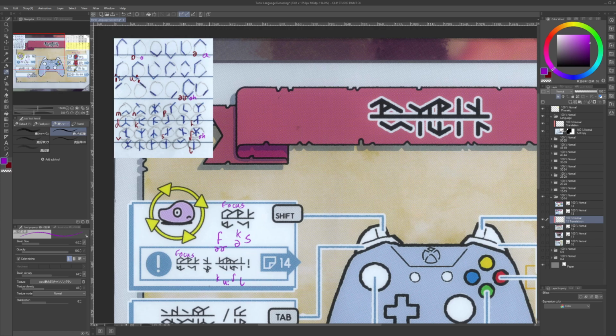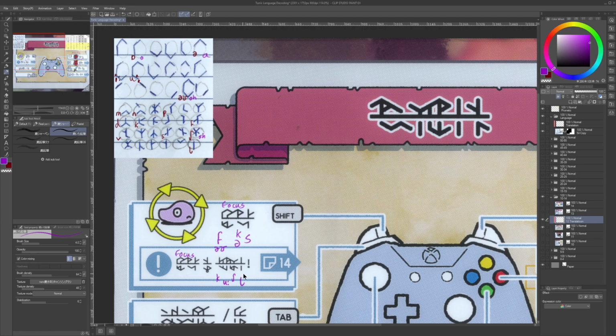Focus. Crucial. Crucial? Focus is crucial? I can see that being right. See if it lines up. Crucial. Okay, yeah, I think that works.